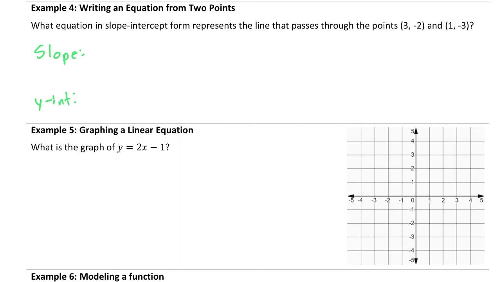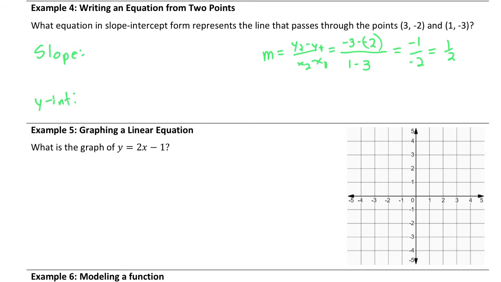So remember that slope, m, is y2 minus y1, and then x2 minus x1. So the way I'd write this, I do negative 3 minus negative 2 over 1 minus 3. So this becomes negative 1 over negative 2, which is positive 1/2.